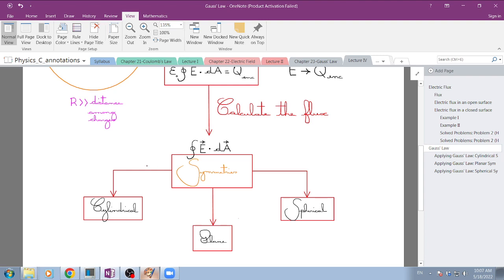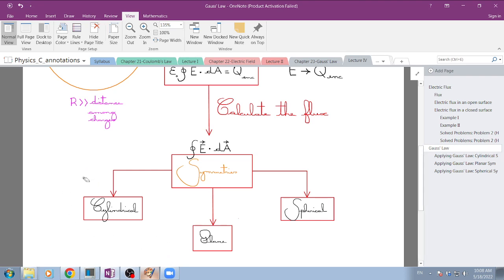Let's look at what we already know about symmetries. We have been solving problems in the previous 2 lectures, on static forces and electric field, using symmetries. We are going to do the same here to calculate the flux. We're going to use cylindrical symmetry, plane symmetry, and spherical symmetry.